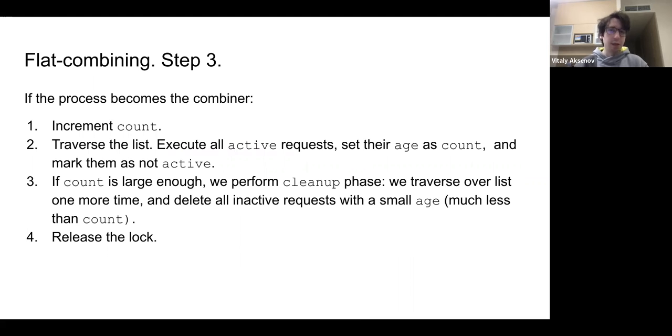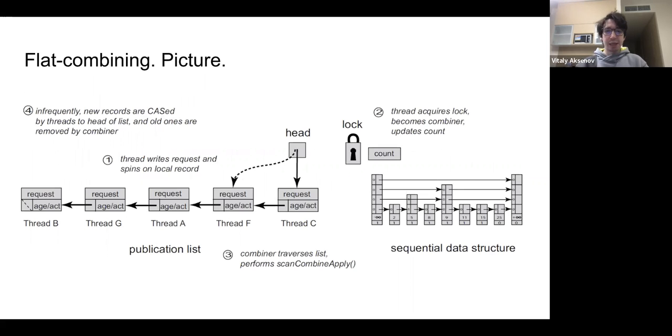A pretty important thing here also is that it doesn't simply execute their operations there. It can take their operations as a batch and apply it to the sequential data structure.